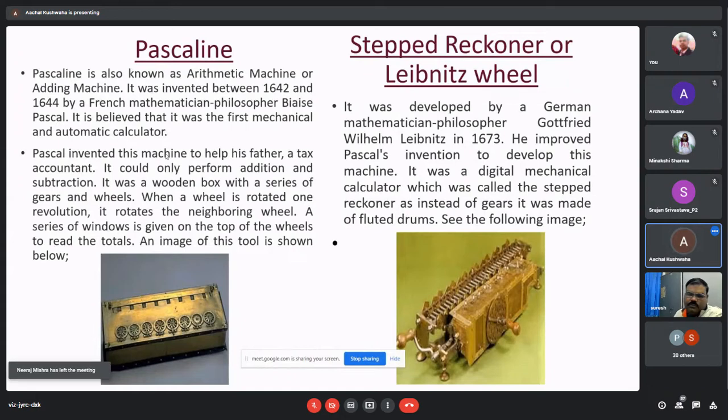Then in 1673, Sir Leibniz, a German mathematician, improved the Pascaline and introduced his own Leibniz wheel. The speciality of this was that he used fluted drums, and this machine was capable of multiplying and dividing also.